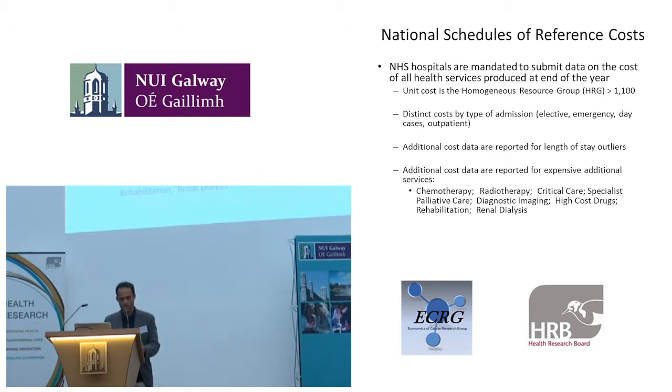So there's additional information on cost per day of in-hospital stay. And also additional costs are reported for expensive additional services, like, for example, chemotherapy, radiotherapy, or critical care, and many others like rehabilitation or diagnostic imaging.